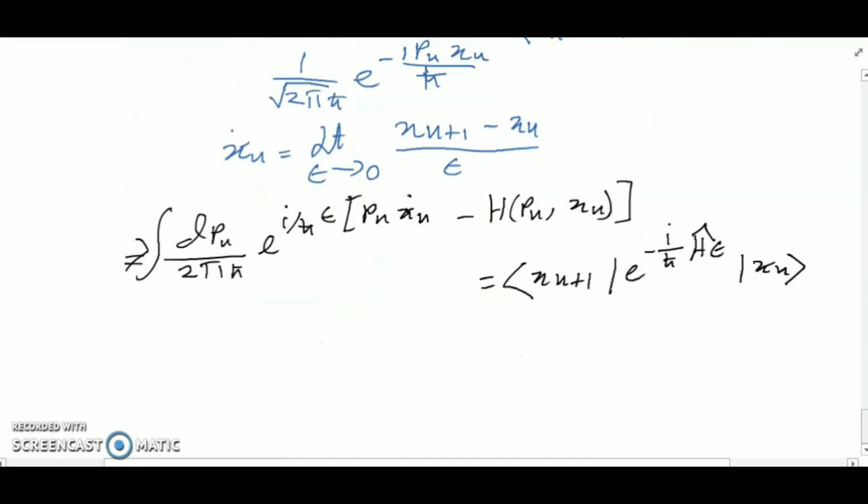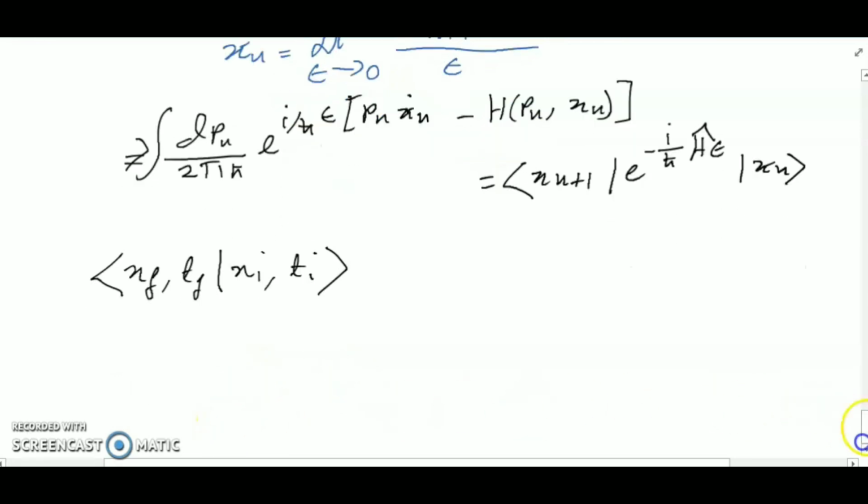Okay, now I can write this way: my path integral, x f comma t f, x i comma t i, equals limit n tends to infinity and n epsilon tends to t f minus t i.